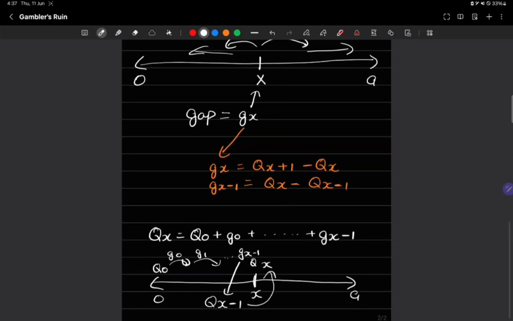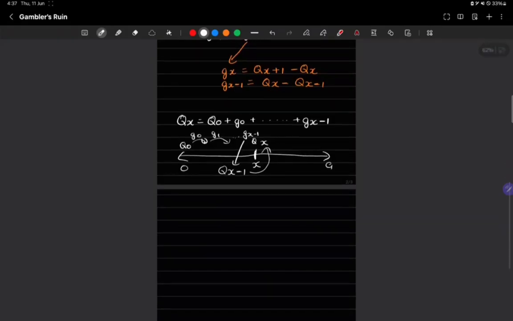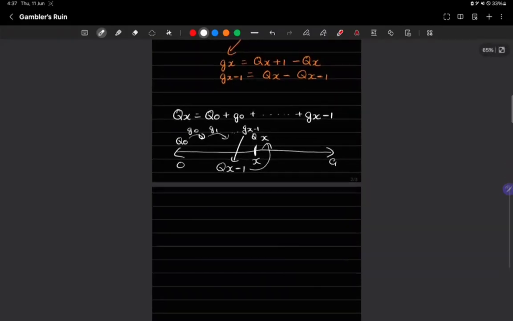Let me write down that equation in a clean way. Qx is Q naught plus G naught up to Gx minus 1, and we will denote these equations so we can use them later.